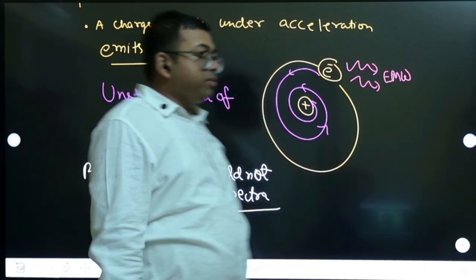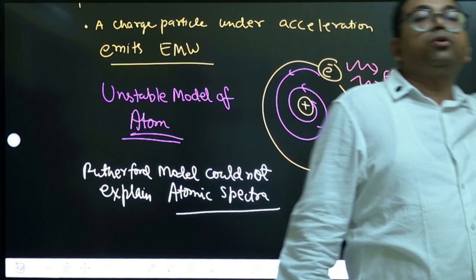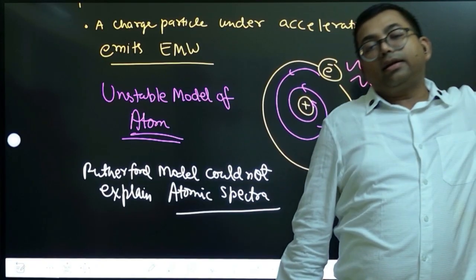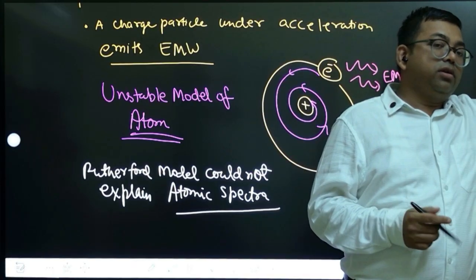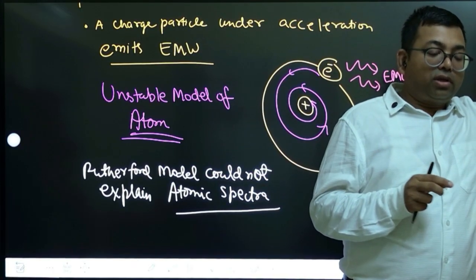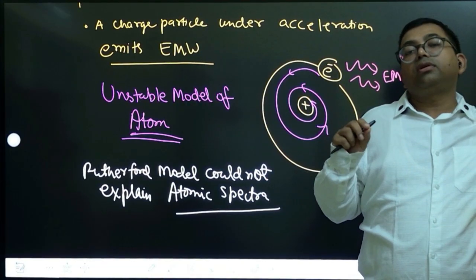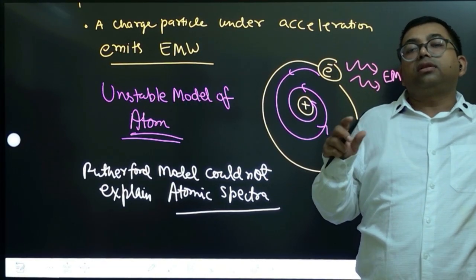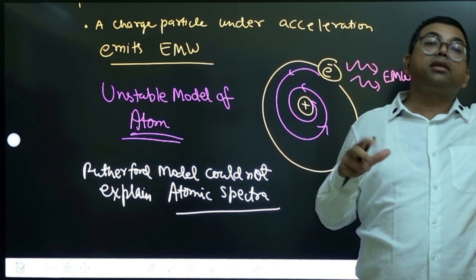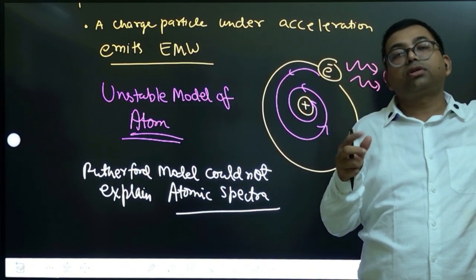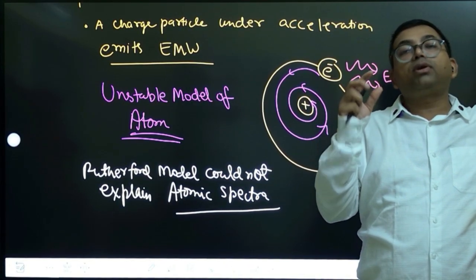So what is atomic spectra? At that time, people were discovering that atoms can emit some kind of radiations, right? Suppose you excite the atoms with some radiation, then atoms will absorb certain kinds of radiations, and atoms can also emit certain kinds of radiations, which have different wavelengths.